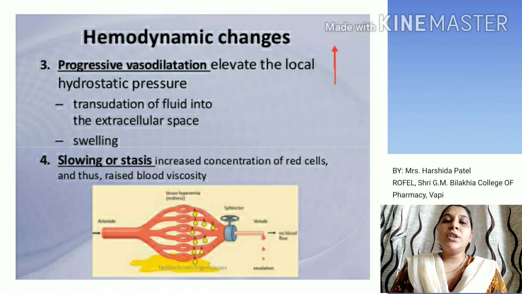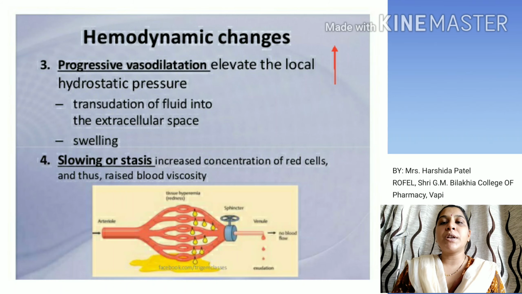This will be a local action, because inflammation is always a local response. So here the hemodynamic changes are also occurring locally, so the hydrostatic pressure is also increased in that local area only.